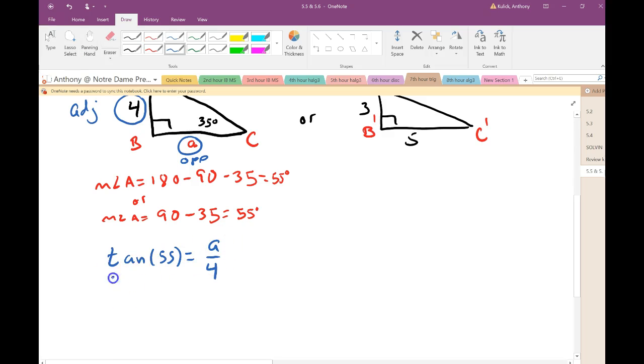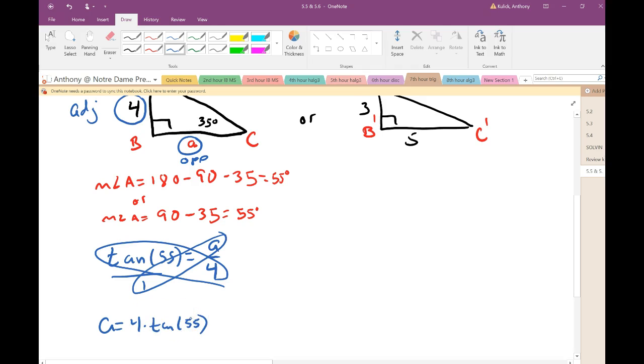If I treat this as a proportion and cross multiply, I get a equals 4 times tangent of 55. When I type that into my calculator, what mode would I want to make sure my calculator's in? Degree mode. And when I type in 4 times the tangent of 55, I get about 5.71.